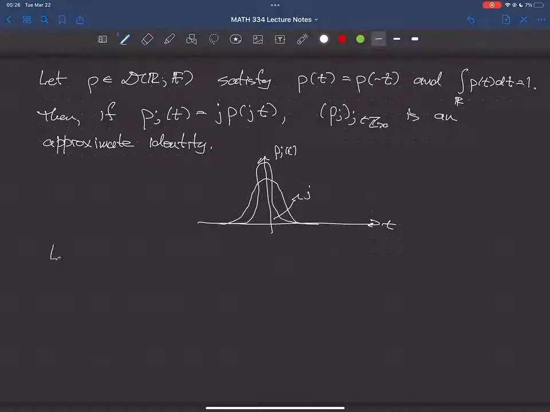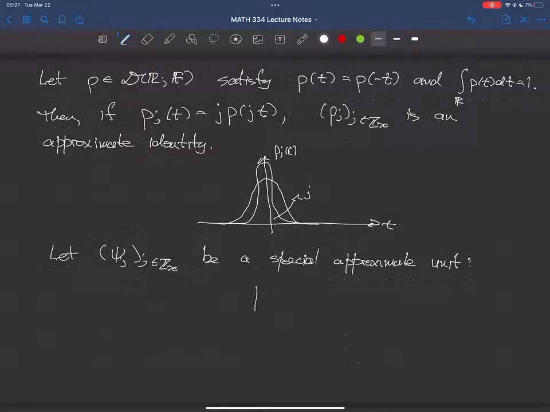So also let psi j be a special approximate unit. And let me just remind you what that is by drawing what that means.